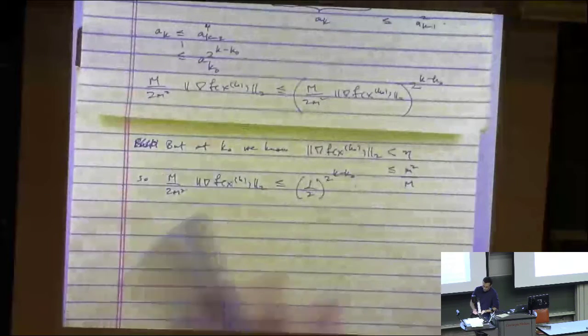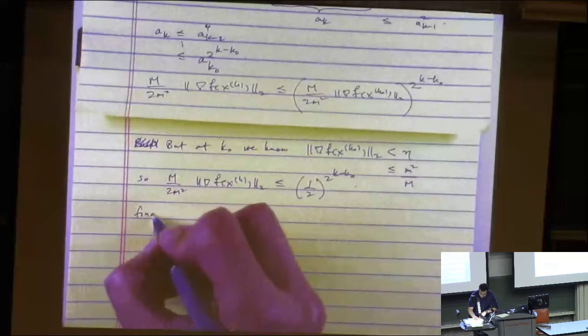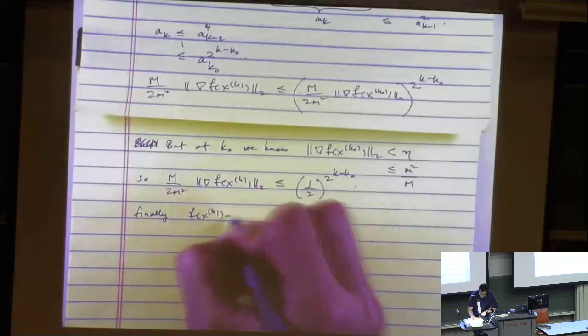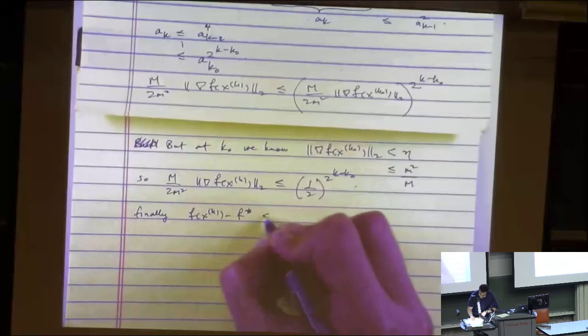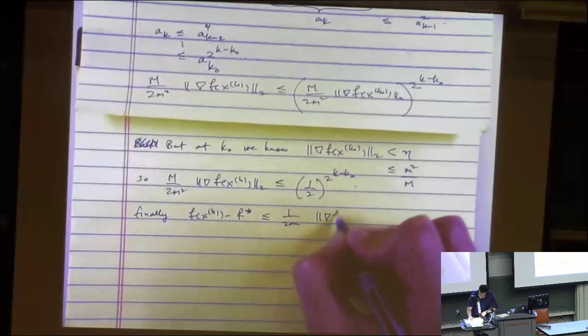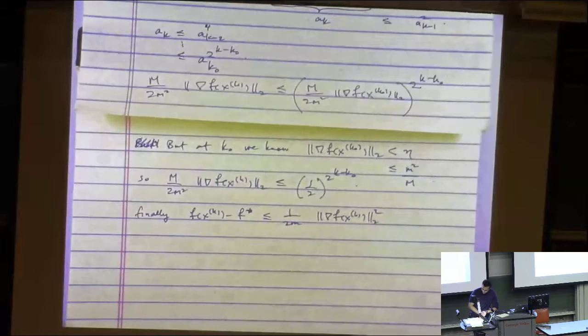And now, as I said, we've been tracking the gradient the whole time. We're just going to invoke this fact about strongly convex functions to relate this back to the criterion gap itself. So finally, we learned that f of x_k minus f star is less than or equal to 1 over 2m times the norm of the gradient of f of x_k squared.